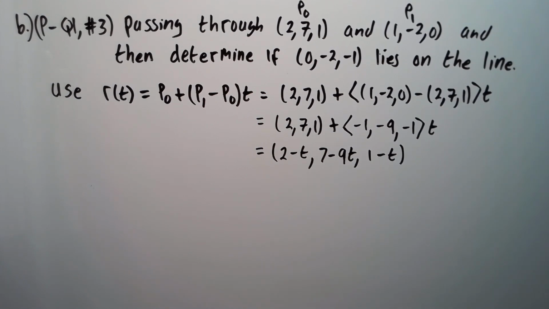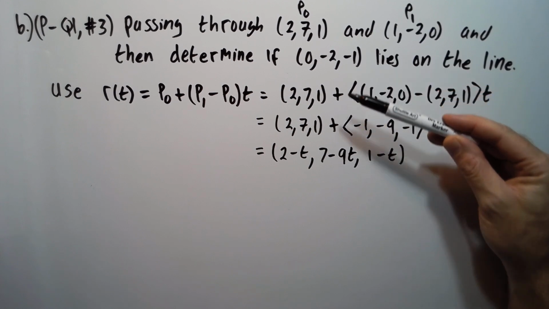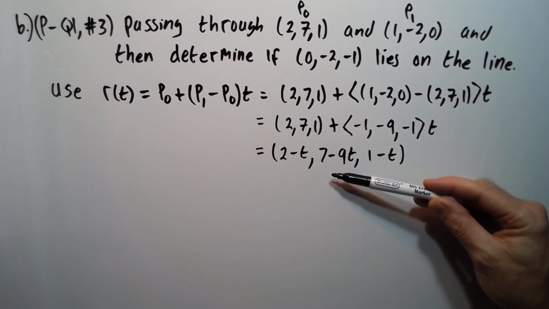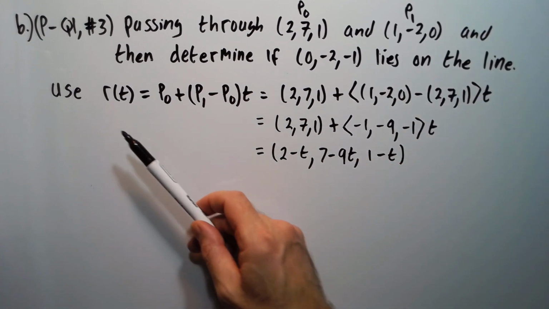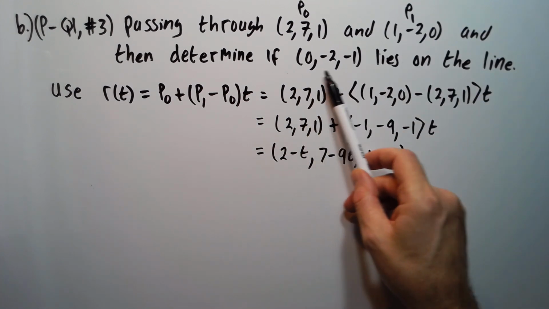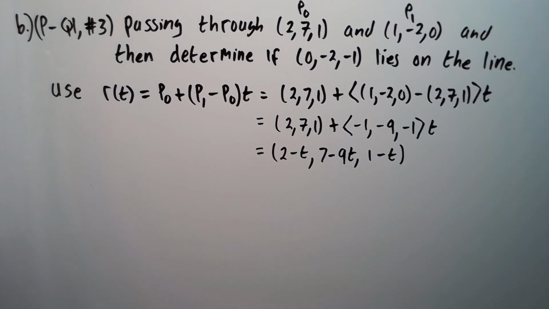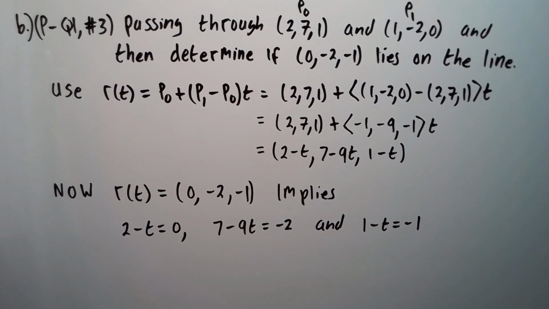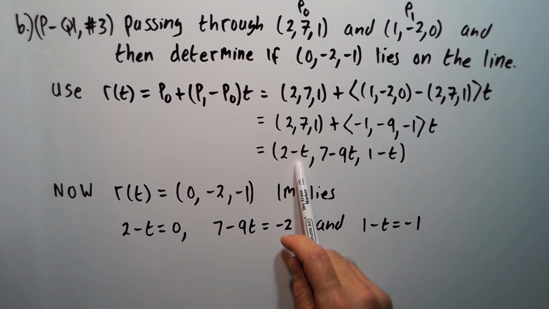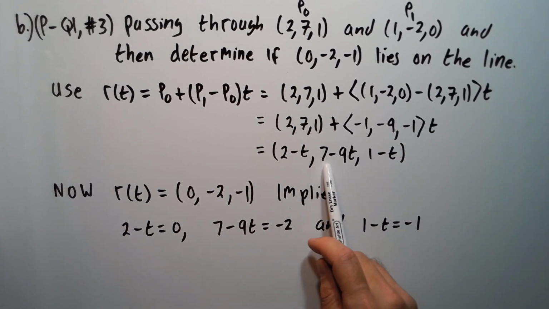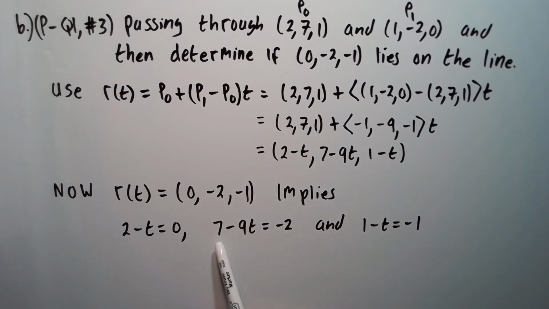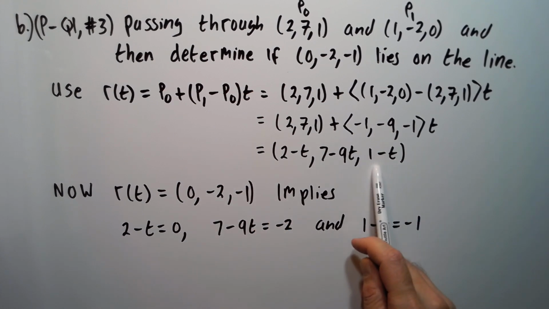So now we need to decide whether this point is on this line. In particular, if it is on the line, we should be able to find a t-value that makes that point. So let's assume it's on the line and see if we can make it work. That would mean that the 2 minus t needs to equal 0, the 7 minus 9t needs to equal minus 2, and the 1 minus t needs to equal minus 1.